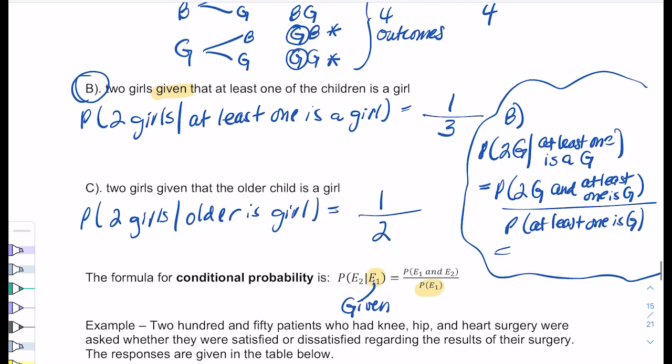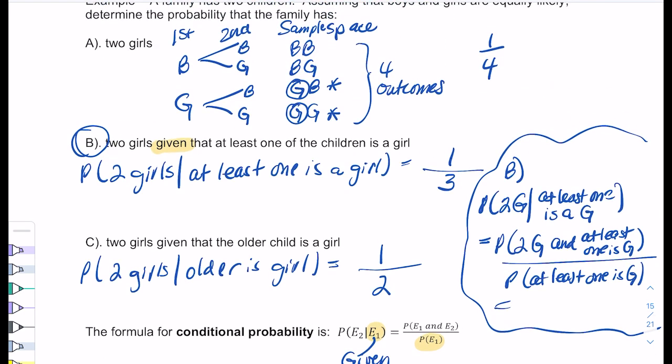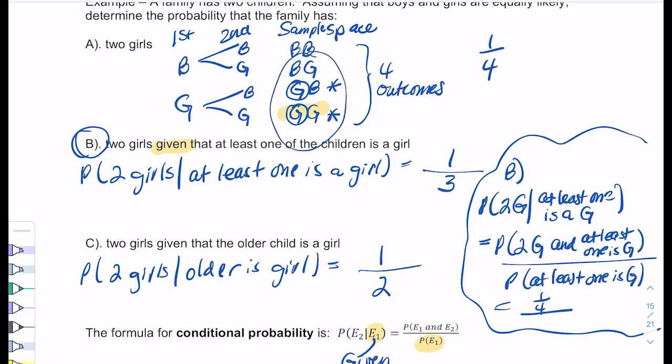Okay, so what's the probability that you're going to have 2 girls and at least one is a girl? So let's look at our tree diagram. 2 girls and at least one of them's a girl. So that would only mean this one, right? 2 of them are girls and at least one of them's a girl. So that's 1/4 over, what's the probability that at least one is a girl? Well, these 3 have at least one that's a girl.